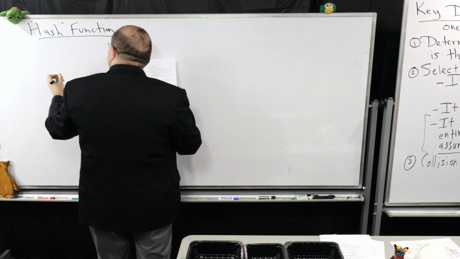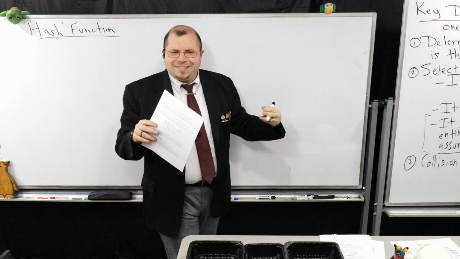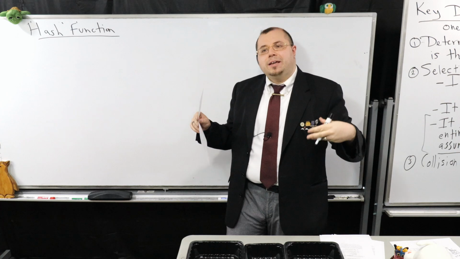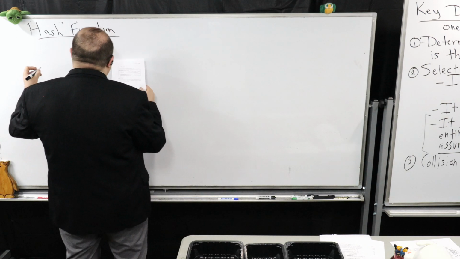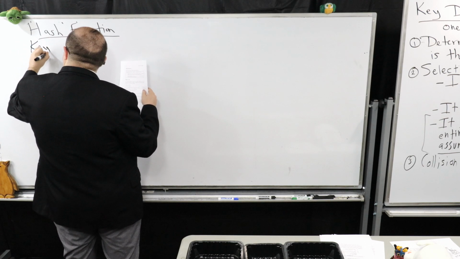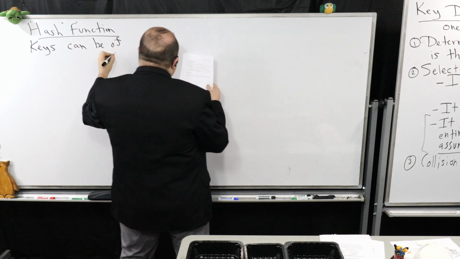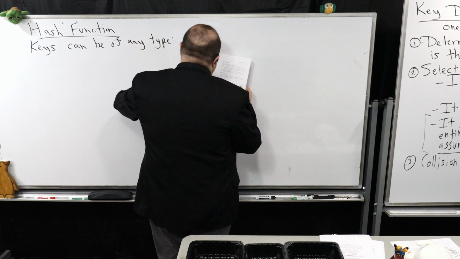So I must stress that the way I described the hash function, it almost sounded like I was just talking about a bunch of numbers that go into a function and give you a location. This most certainly can be the case, but I must stress that keys can be of any type, at least for our colloquial discussion.